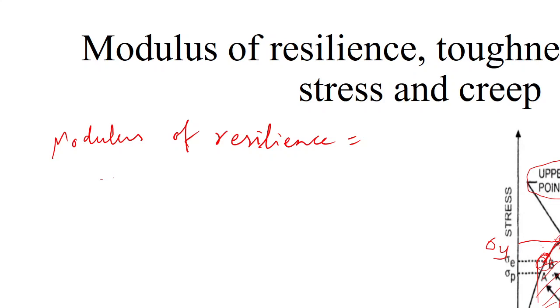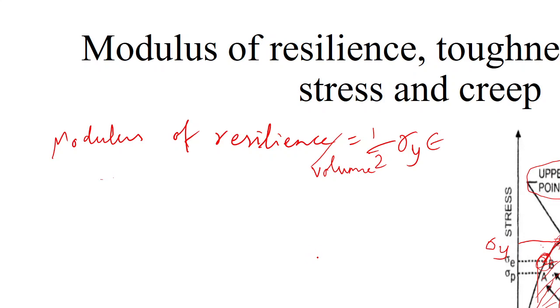It looks almost like a triangle, right? 1 by 2 sigma y into epsilon. This is per unit volume. This modulus of resilience is per unit volume.